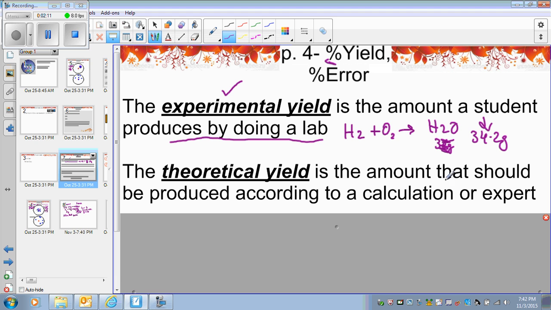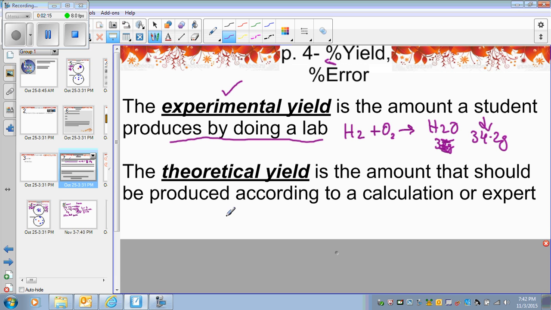Theoretical yield is the amount that should be produced according to the calculation. According to the calculation, you should be able to produce how much? 36 grams. So that is theoretical yield. A student value, which is done in the lab, is experimental. This is theoretical.